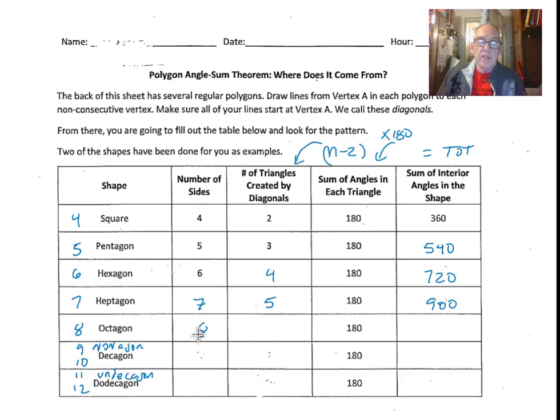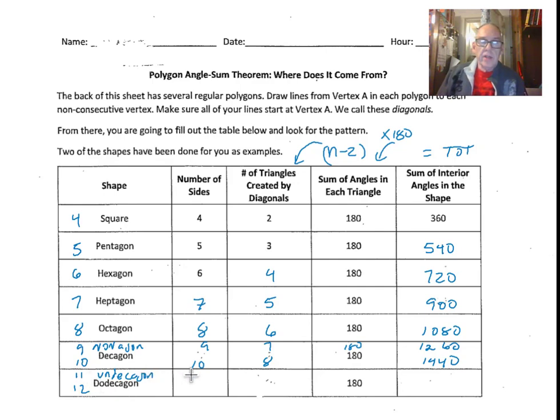Octagon, 8 sides. 8 take away 2 gives us 6 triangles. 6 times 180 gives us 1,080 degrees. Nonagon, 9. That's going to be 7 times 180. It's going to add another 180 onto that. We get 1260. Is that right? 1260 degrees. Our decagon, 10 sides, gives us 8 triangles. 8 times 180 gives us 1440 degrees.